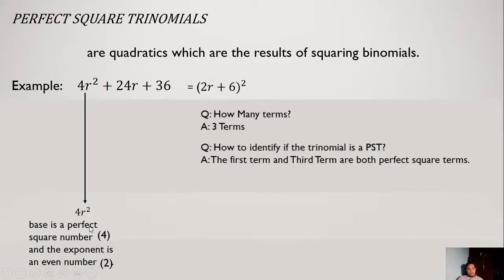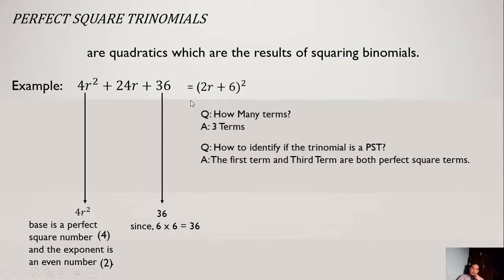More examples are 25r squared, 25r raised to 4, or 25r raised to 6. The same goes for 4r raised to 4 and 4r raised to 6. Those are perfect square terms. Now, let's go to the third term, which is 36. 36 is the result when you multiply 6 to itself. So, 6 times 6 is equal to 36.